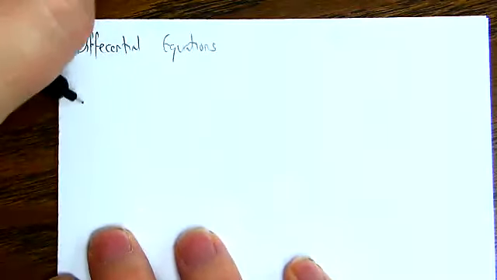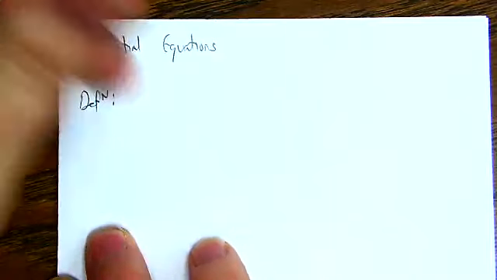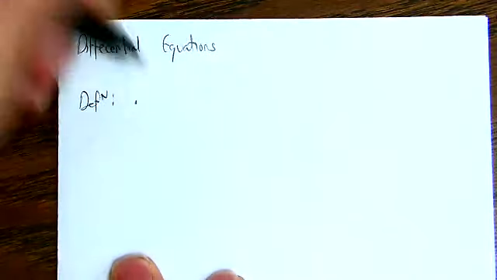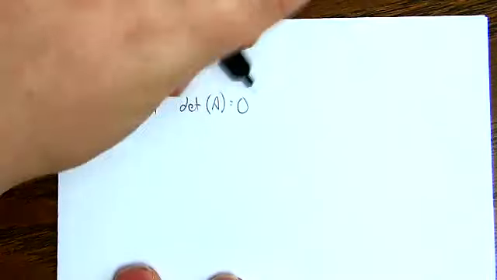I'm going to begin by defining a couple terms. Given a square matrix A, we know we can find the determinant of that square matrix A. And if the determinant of that matrix is equal to 0, then we say A is singular.